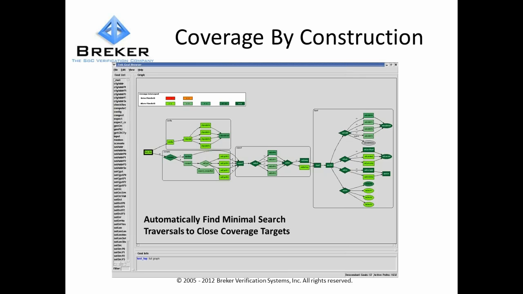Now, typically, in these graph-based models we see search spaces of the order of 10 to the 300 for even just a few IPs involved in an SoC. It's very easy to describe very large spaces with a graph, which is good. And the fact is, as DV engineers, we face every day problems where we have a search space of 10 to the 300, yet in the lifetime of a project, we'll do how many test cases? 10 to the 7, 10 to the 8.